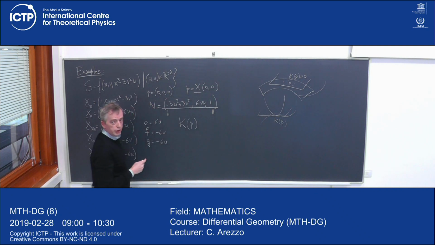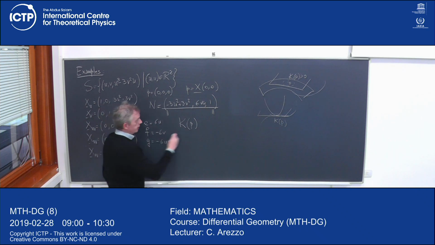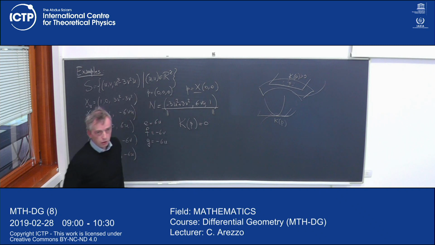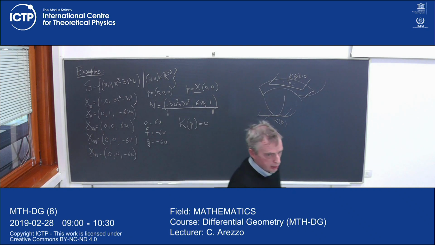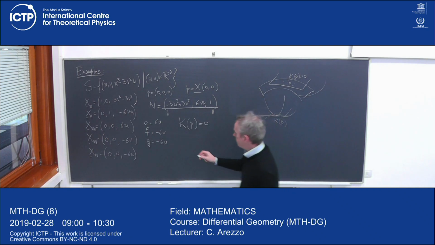I need to put u equal to 0 and v equal to 0 here, and everything vanishes. So this is 0. In fact, the Gauss curvature is 0, but actually it is 0 because the second fundamental form disappears completely. At this point, the second fundamental form is 0, 0, 0. It's not just the determinant. So it's a planar point. So p is planar.